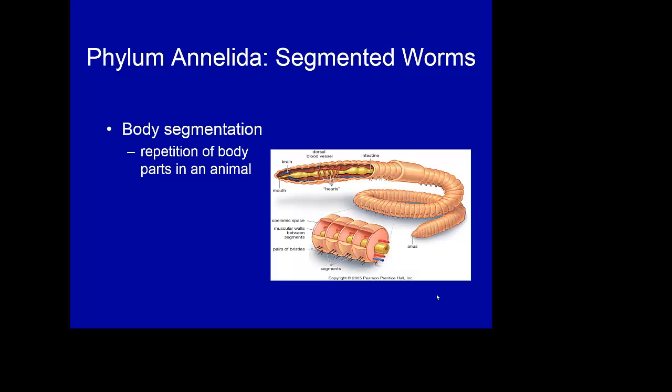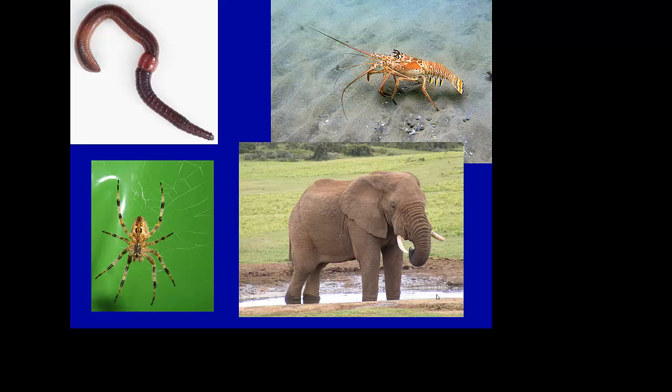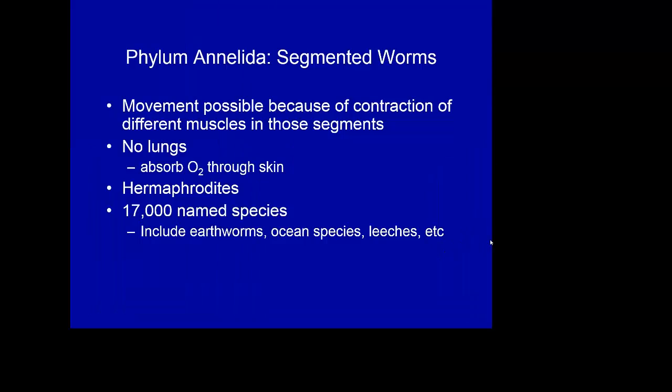But we start to see these body structures or these body segments that have specific functions. We'll start to see this idea of segmentation more often. We see it first here in our earthworms, but we'll also see it in arthropods and mollusks. And we'll see it, of course, eventually in chordates or vertebrates.